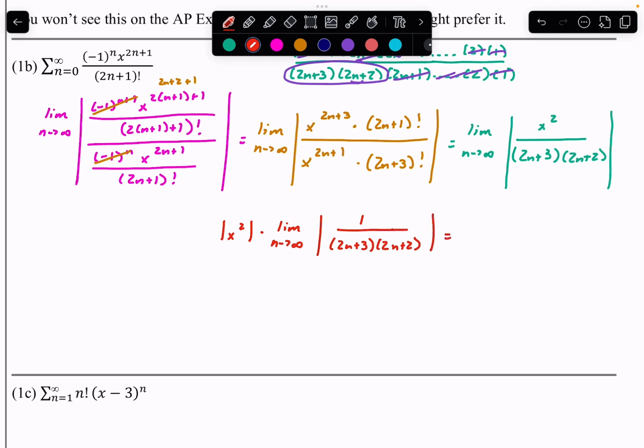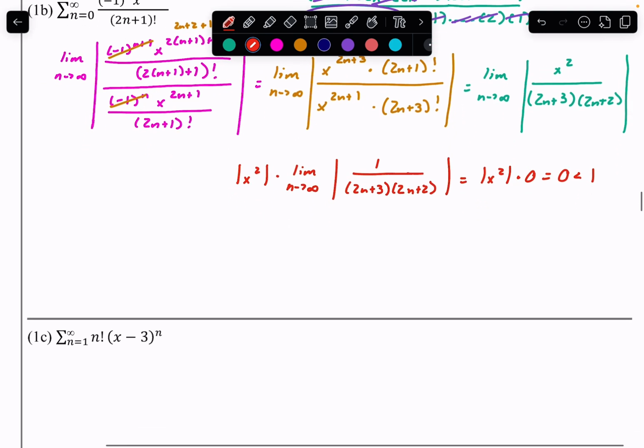Obviously, the bottom is growing, the top isn't, so you have x squared times 0. So no matter what x is, I'm always going to get 0, which means that any x value would create a series that would converge, no matter what x value I plug in, because 0 is less than 1.